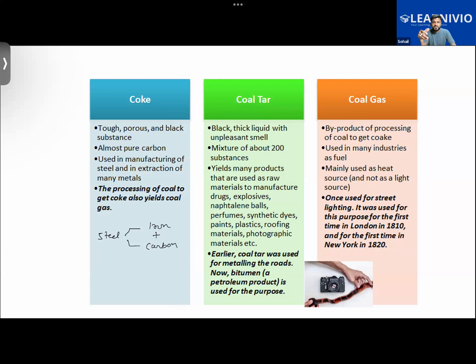Another important use of coal tar, although earlier, is that nowadays we use bitumen. Earlier, roads were metalled using coal tar.